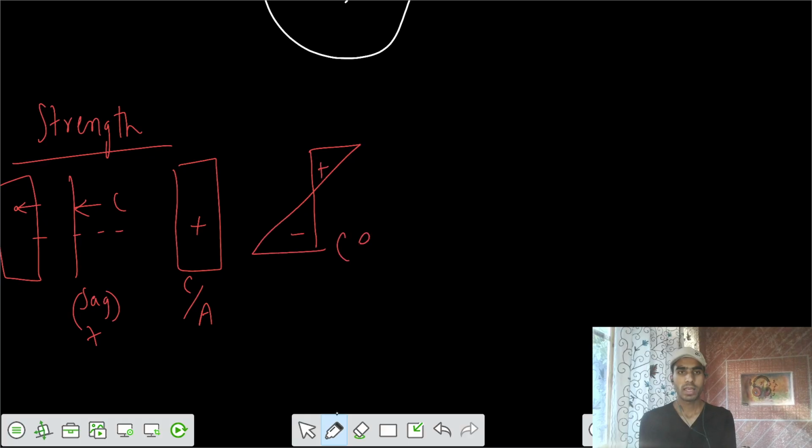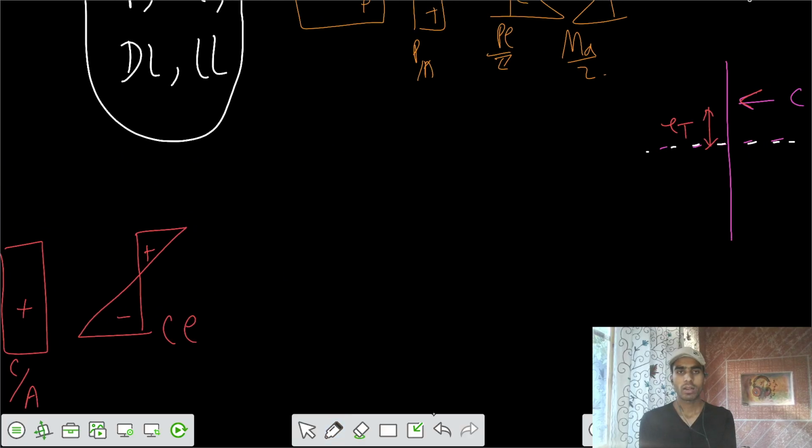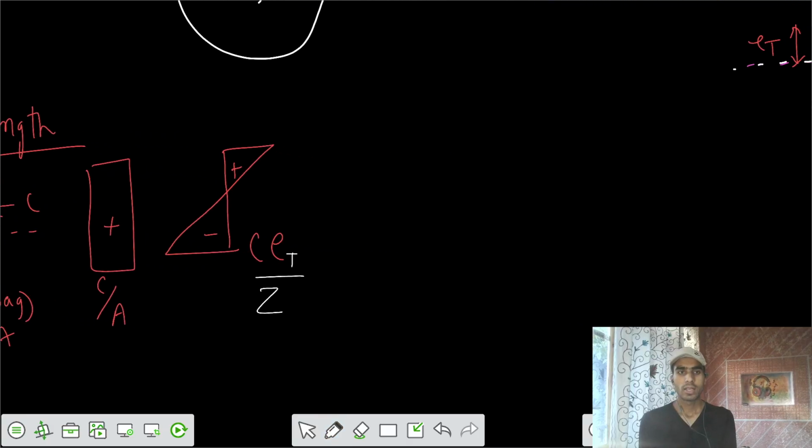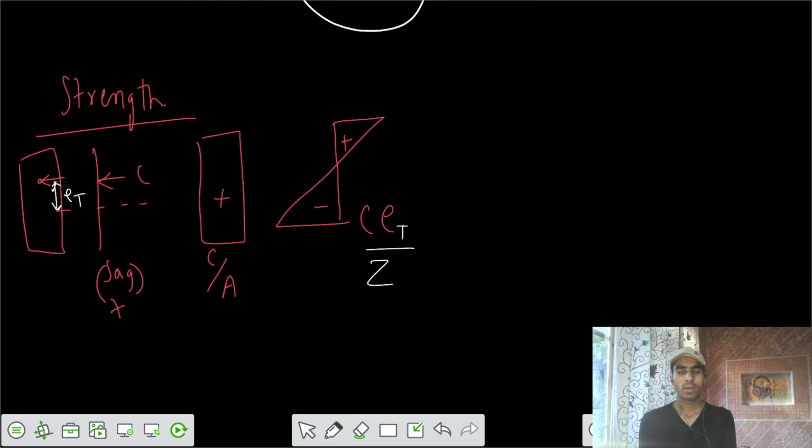So this would be C E top by Z, because we are calculating for E top, so we write the eccentricity as E top for this case. So I would say this is our condition.